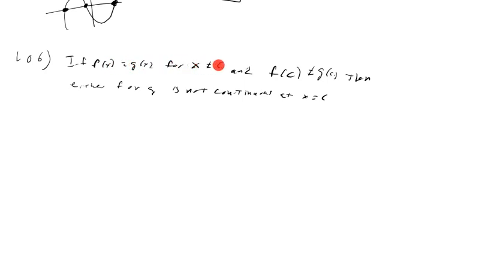What does this mean about the graphs of f and g? What does it mean if two graphs are equal? Anybody want to take a guess?